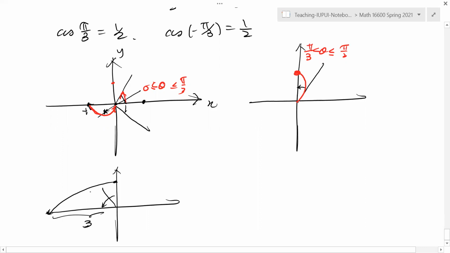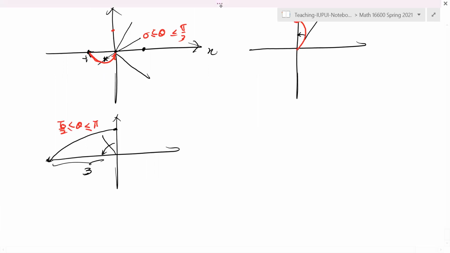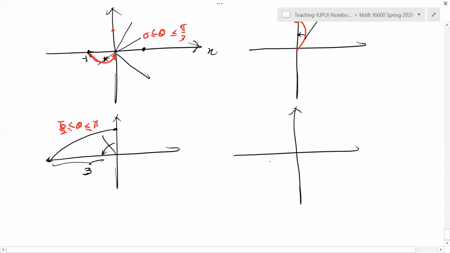This is when theta is between pi over 2 and pi. Similarly, I decompose the picture into several pieces. And similarly, you're coming back to here because of the symmetry. So this is theta between pi and 3 pi over 2.